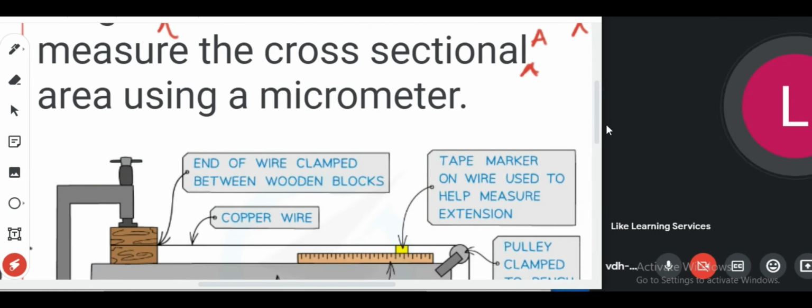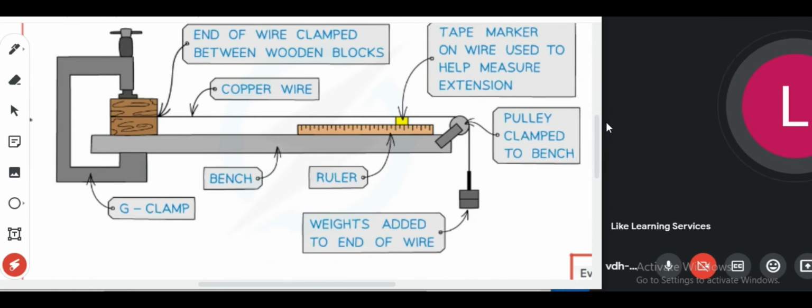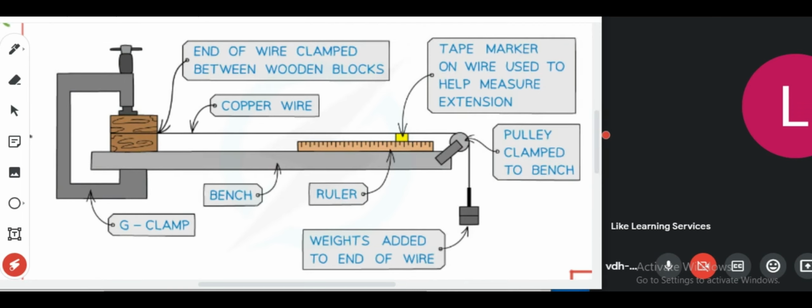Now this is how we carry out the experiment. This setup can be used. This is a G-clamp, and then we have the wire clamped onto a table or a bench in between two wooden blocks like this, and that's the copper wire we want to measure its Young's modulus.